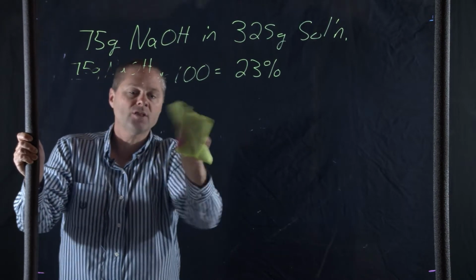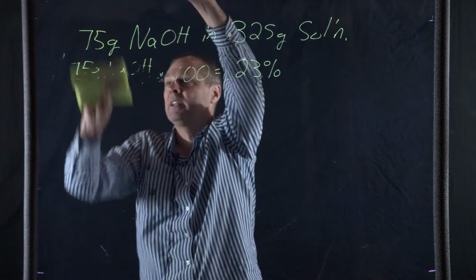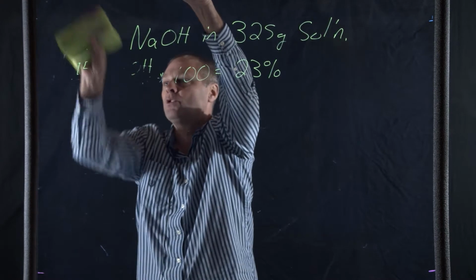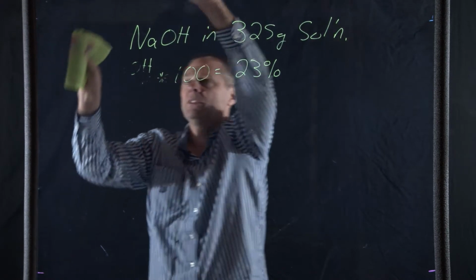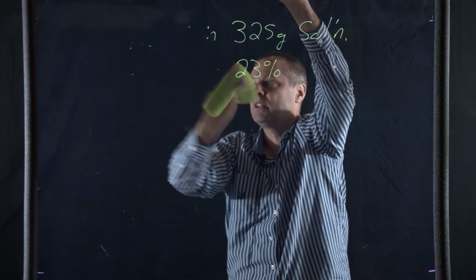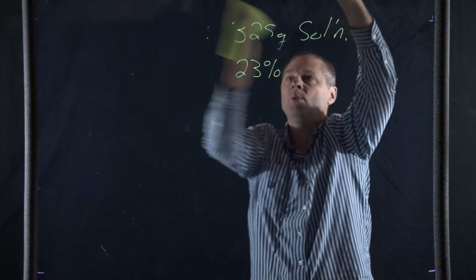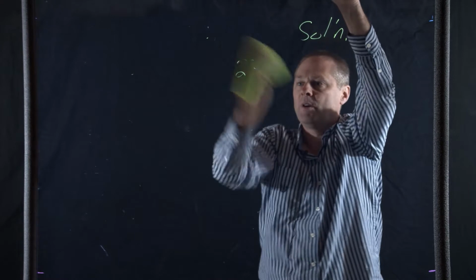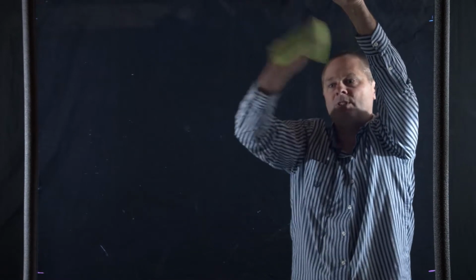The two of them combined give you the mass of the entire solution. So it's important to know those numbers and to read the problem very carefully. I tend to get in a hurry and miss some things. All right.